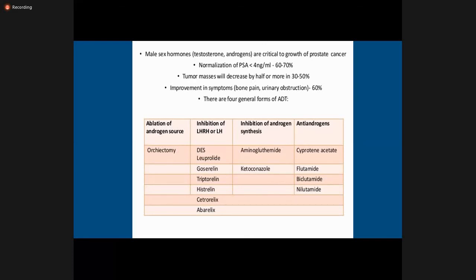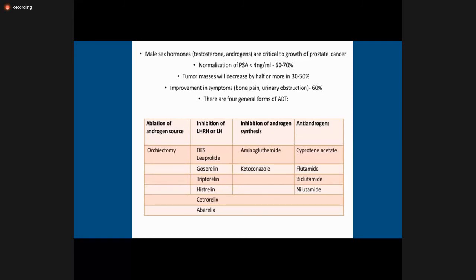If somebody is having metastatic cancer, then what are the treatment options? Then the treatment options become reduced, because the cancer has already spread from the prostate to the local areas, to the bones and other organs probably. So we don't have many options.